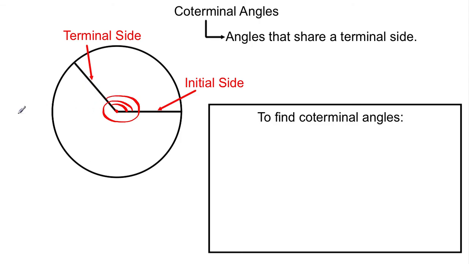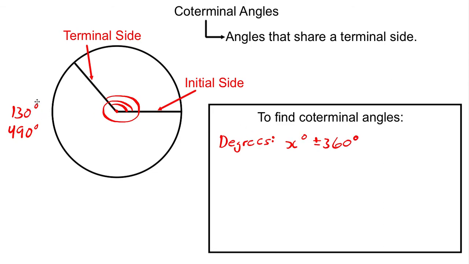So let's say that this one is 130 degrees. Then this other one is 490 degrees. How do I know that? Well, I just added a full circle. I went from 130 and I added 360. So to find coterminal angles, when I have degrees, I'm going to do the angle plus or minus 360 degrees.